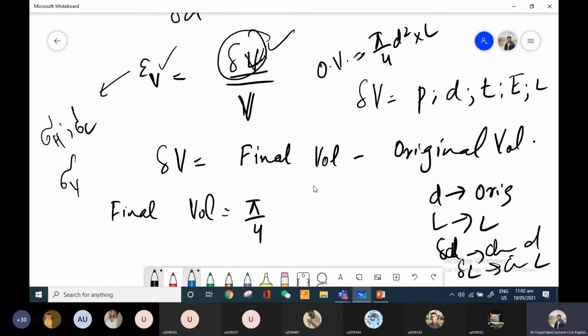So if I want to write the expression for final volume, अब उससे क्या हुआ है कि उसका diameter भी increase हो गया और length भी increase हो गई है, so that will be obviously pi by 4 into (d plus delta d) square, and the original length was L, and change in length is delta L. So this will be the expression for final volume.